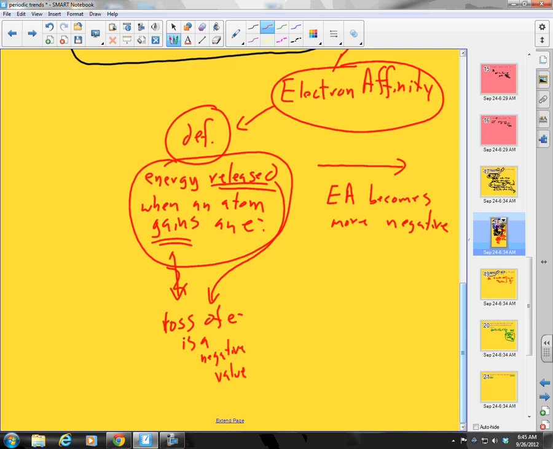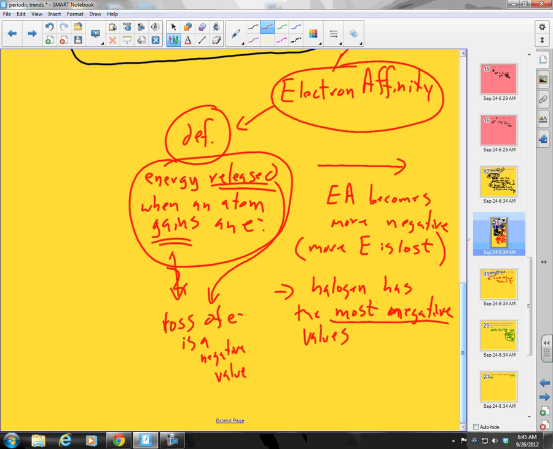So as I go from left to right in a period, my electron affinity becomes more negative. That means more energy is lost as we go from left to right. And just a nice little highlight, the halogens have the most negative values.